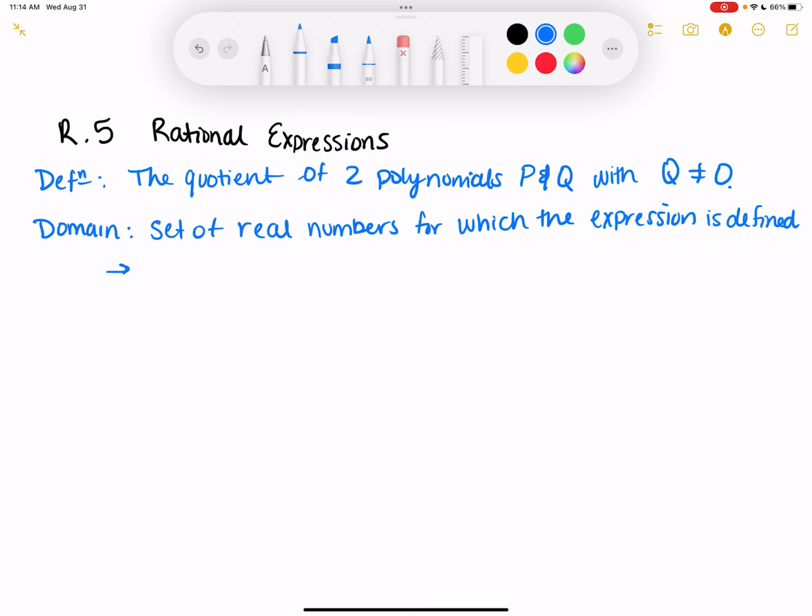For this particular situation with the rational expressions, it's all real numbers except those that make the denominator 0.